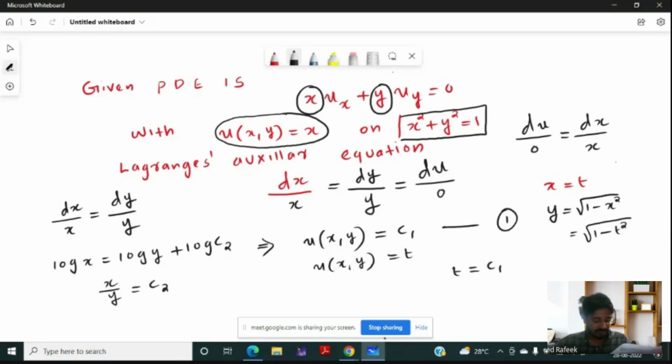And moreover, x by y is equal to c2. So t by root of 1 minus t square is equal to c2. That means c2 is equal to c1 by root of 1 minus c1 square.